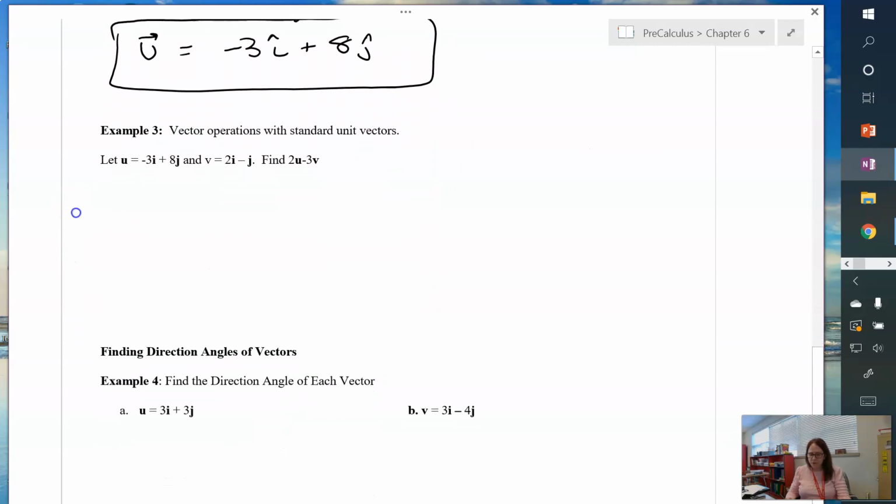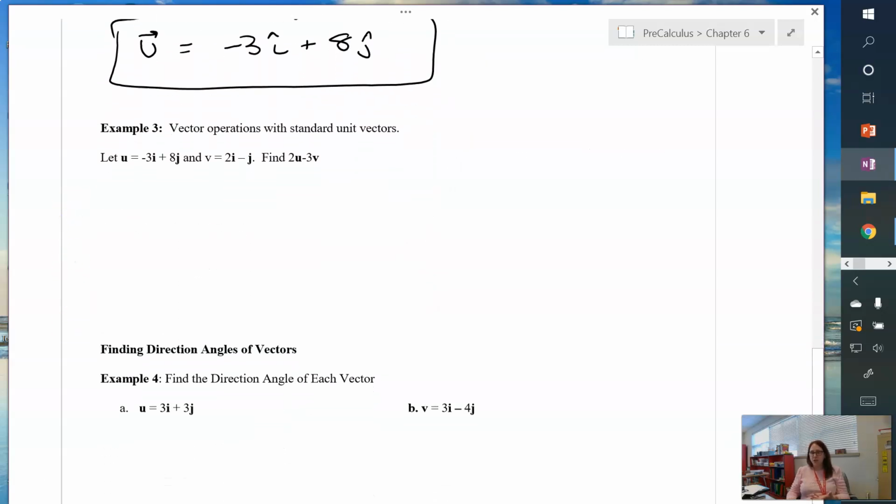We can also do vector operations with our vectors written in these forms. Makes it super easy. So we have u vector, which is -3i plus 8j, and the v vector is 2i minus j. And we're going to find 2u minus 3v.